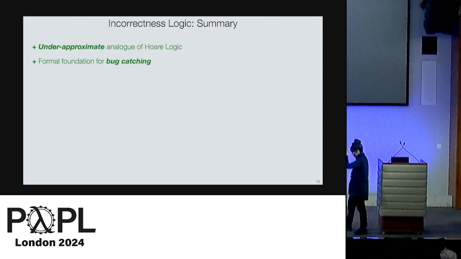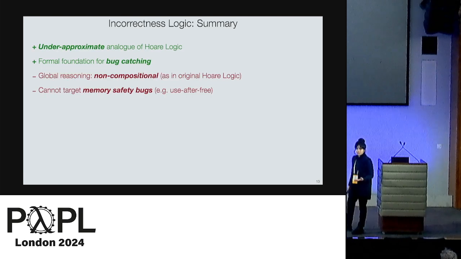Okay, so this was incorrectness logic in a nutshell. It's under-approximate. You can think of it as an under-approximate analog of Hoare logic, and it's a formal foundation for bug catching, at least the way Peter initially envisaged it. But of course, it suffers the same limitations that original Hoare logic did, in the sense that it is used for global reasoning.